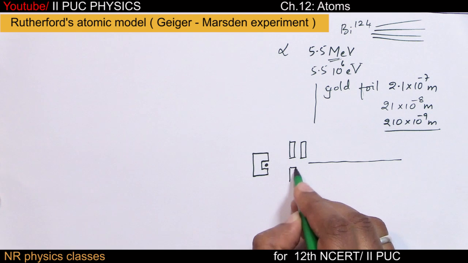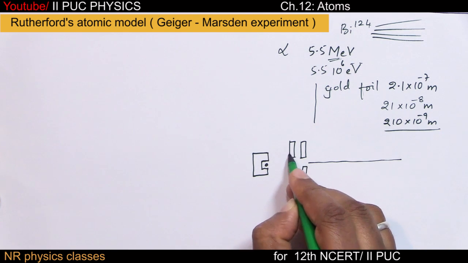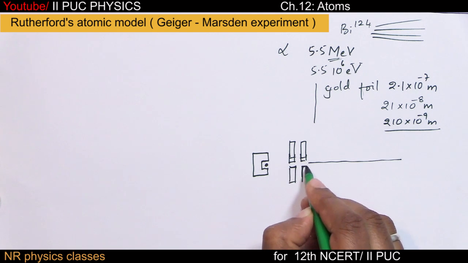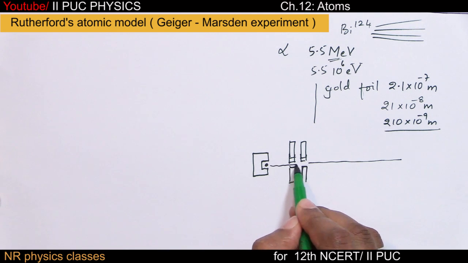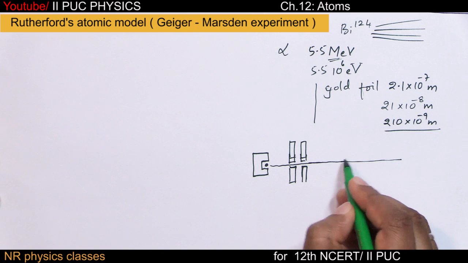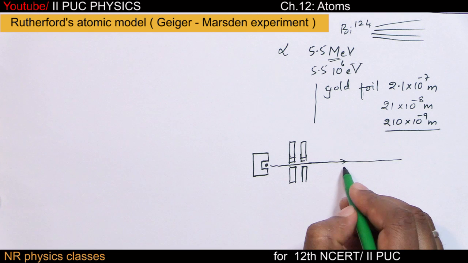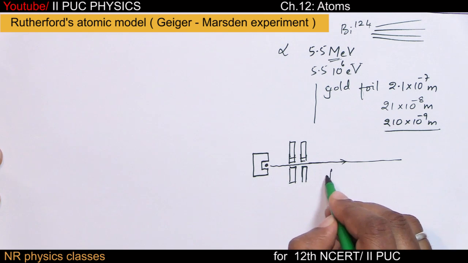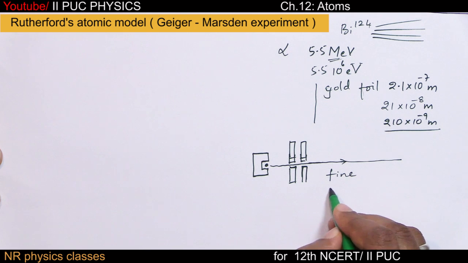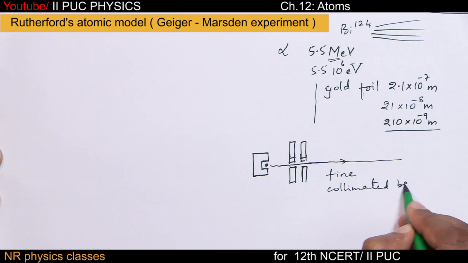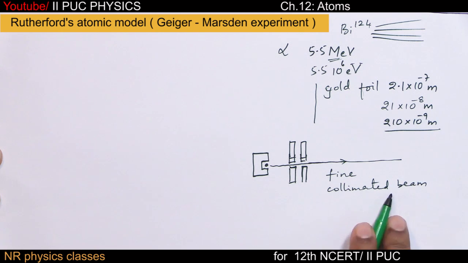If the gap between the lead blocks is very small, then only those alpha particles which can travel through the gap emerge. As a result, a collimated beam of alpha particles is obtained.